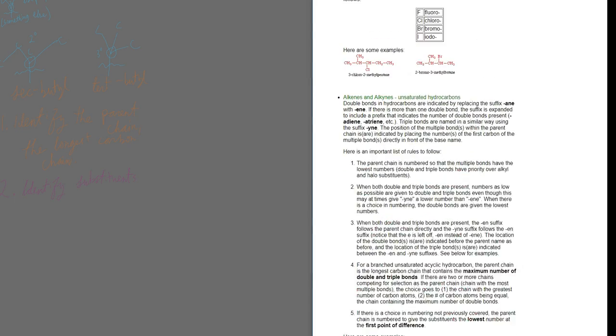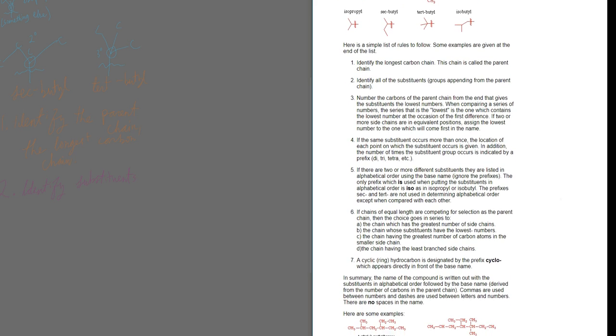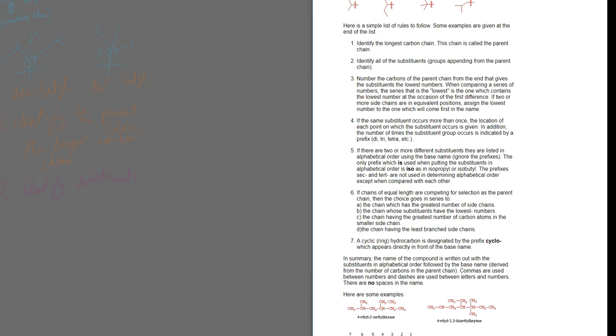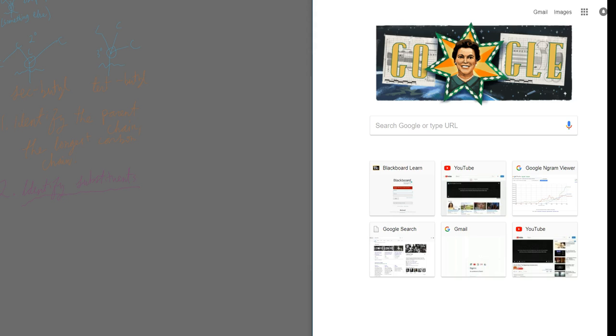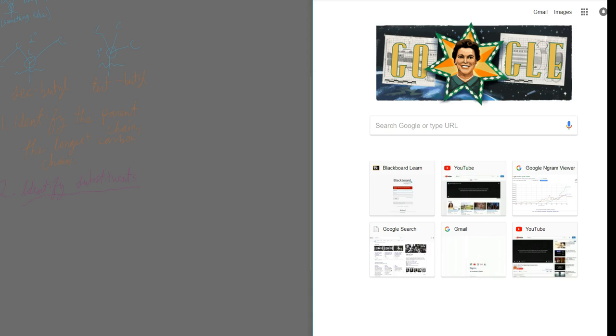We need to talk about the substituents, more than once. Okay, there's usually a very long list, so priority groups, get it.